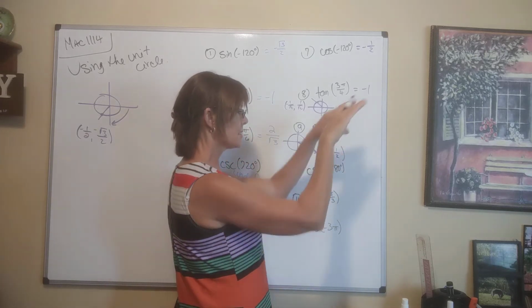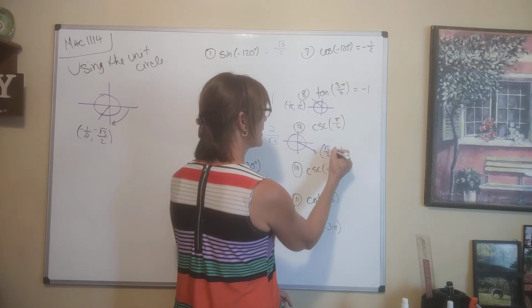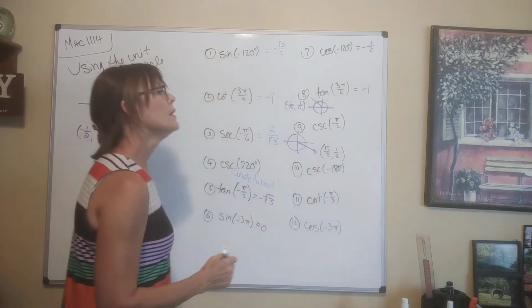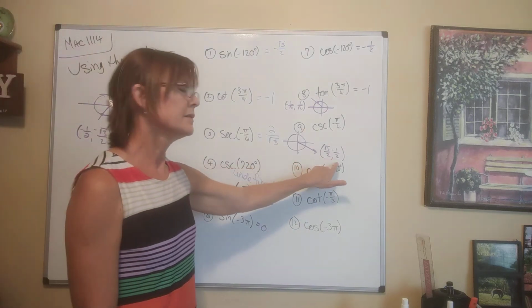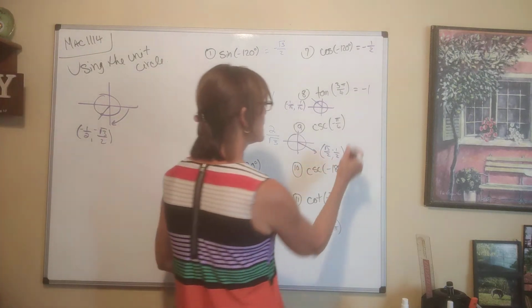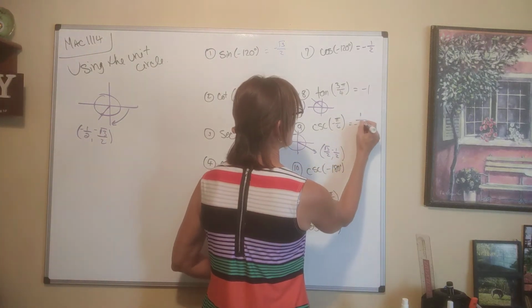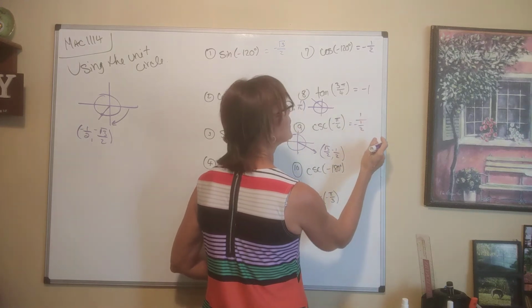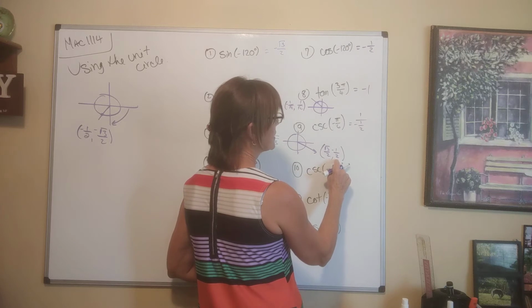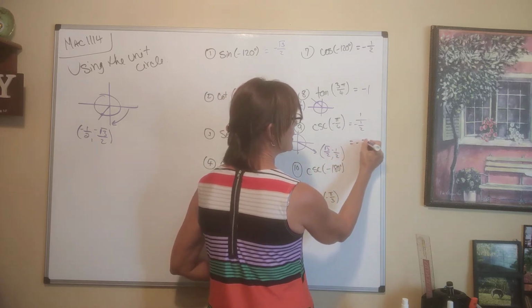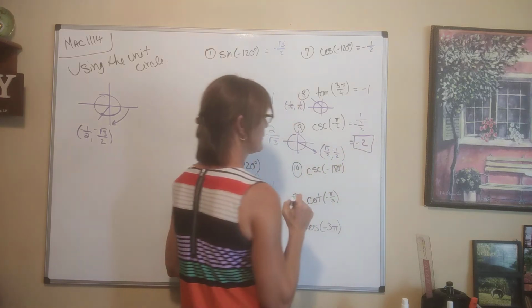That means x is positive, y is negative, right, like that. Okay, so cosecant is 1 over the sine. This is the sine, right? So the cosecant is going to be 1 over negative 1/2, or the reciprocal of negative 1/2. You can do a keep, change, flip, or you can just say the reciprocal of this, which is going to be negative 2 right there.